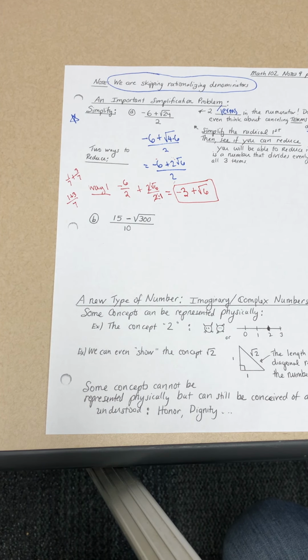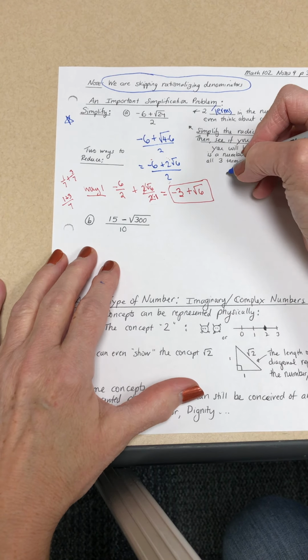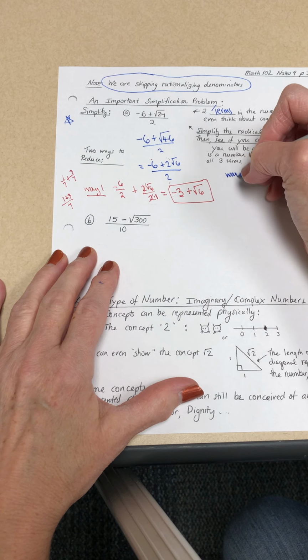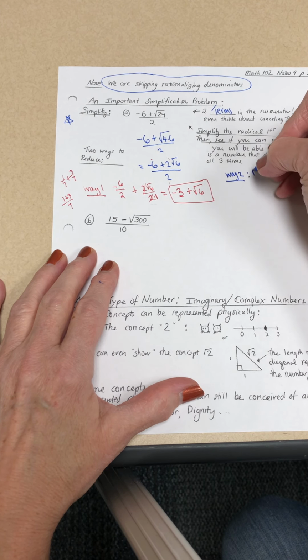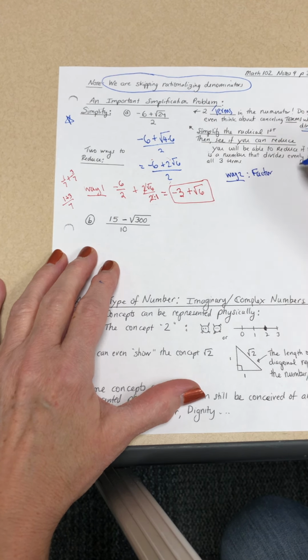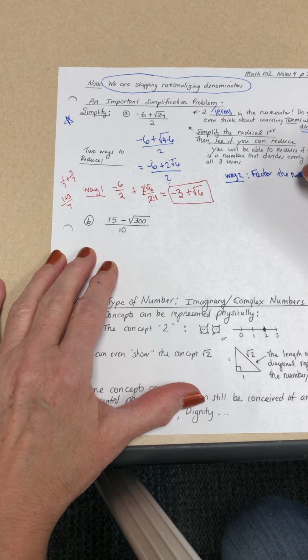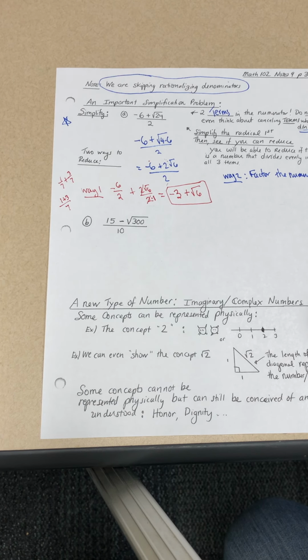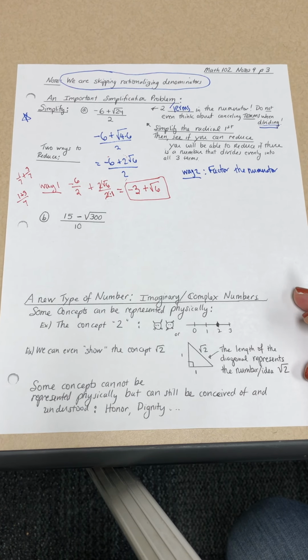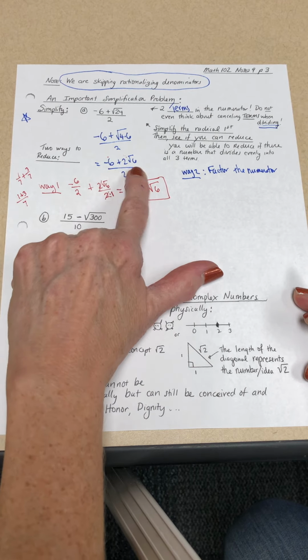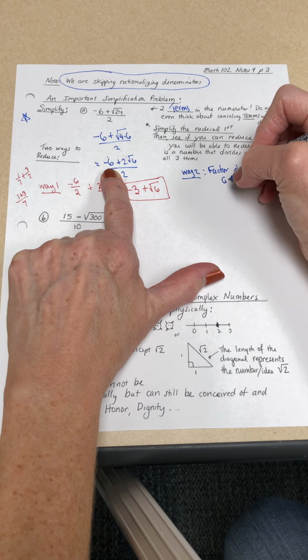This way works really well when your final answer has no fractions. The second way is almost better when your final answer winds up having fractions, but it really is 6 one way, half a dozen the other. So way 2 is to factor the numerator. Now, we haven't factored with a radical, but the radical is not really changing anything. First step in factoring is a GCF.